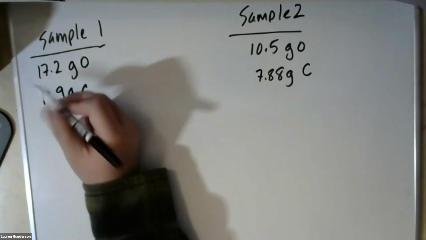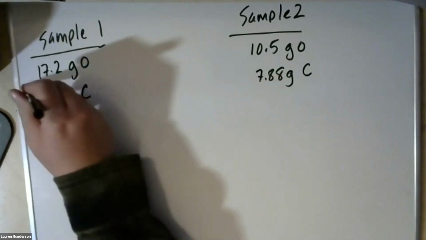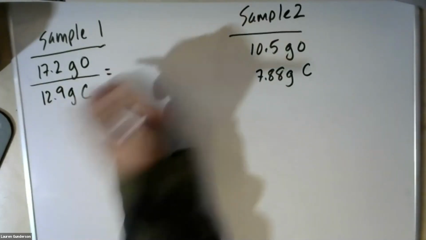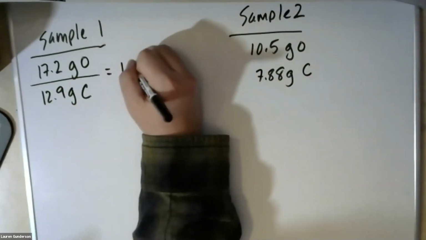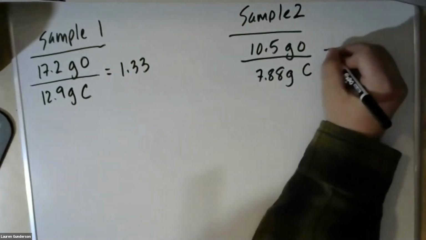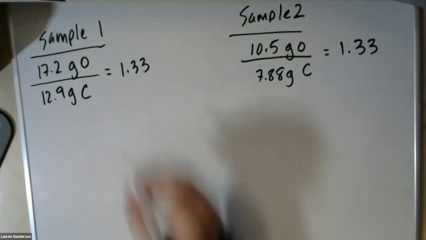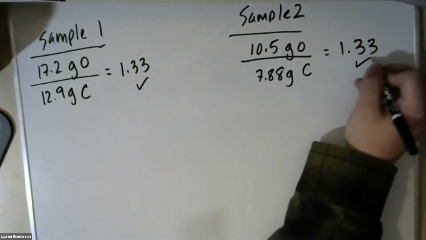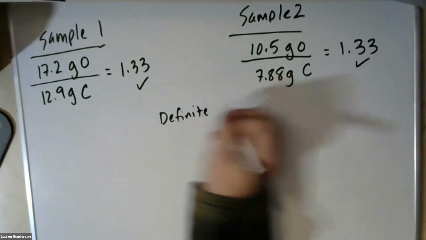Okay, so again, I'm going to take my oxygen mass and divide it by my carbon mass in both samples. 10.5 divided by 7.88 is also 1.33. So this checks out. And again, this is the law of definite proportions.